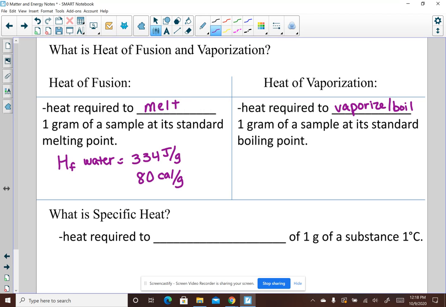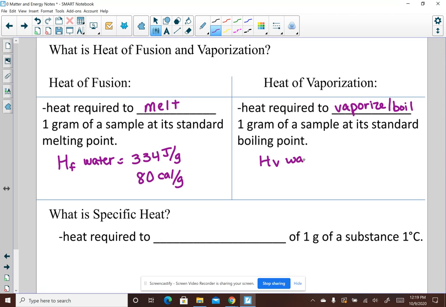So energy can be measured in joules or calories, and you have to pay attention to what the question is asking for or what the other units in the question are to decide which heat of fusion is appropriate to pick.